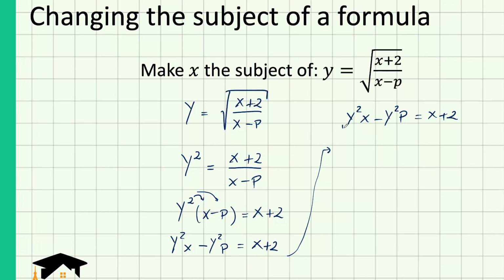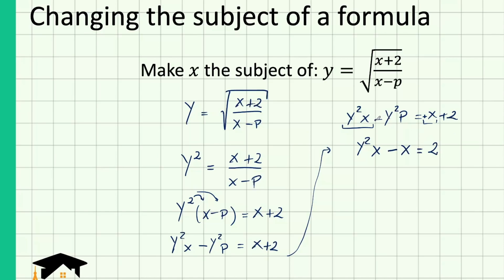Now here I have x, and here I have x. So let me just put all these x's together, and all of that does not have an x together. So I will have y squared x, and this one has a plus sign here. So I will have it with a subtraction is equal to 2.